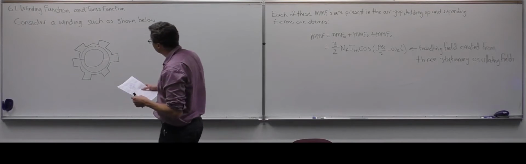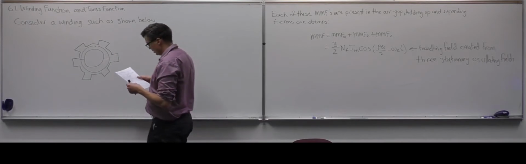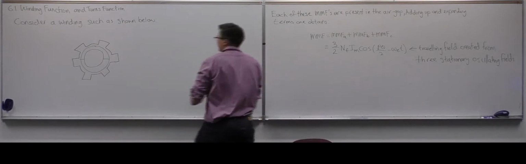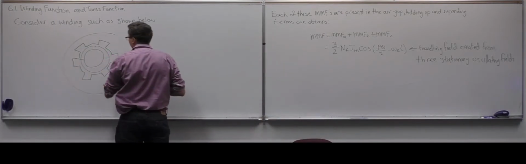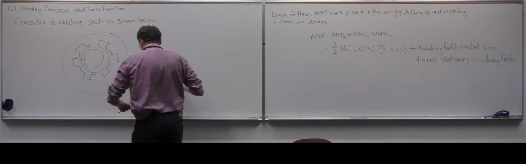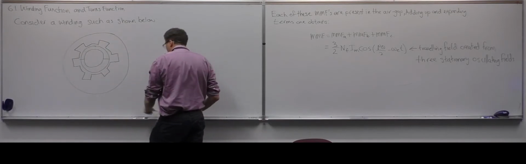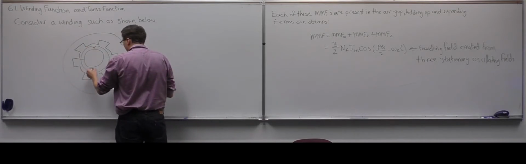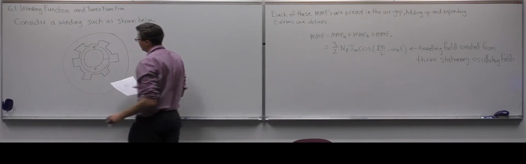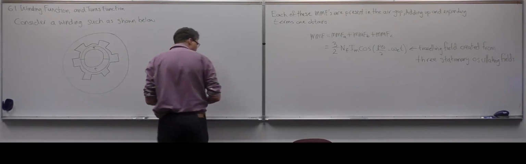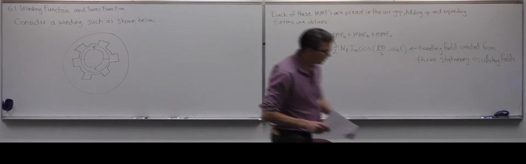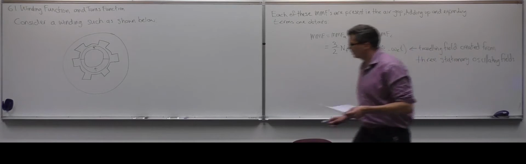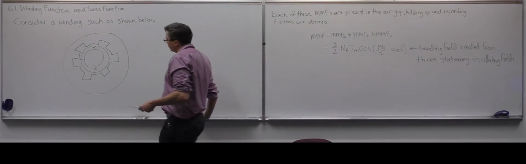So this is supposed to be 6 slots, and we'll assume that the rotor has 2 poles. I'm not going to draw the rotor after this, but we'll just leave the rotor out.